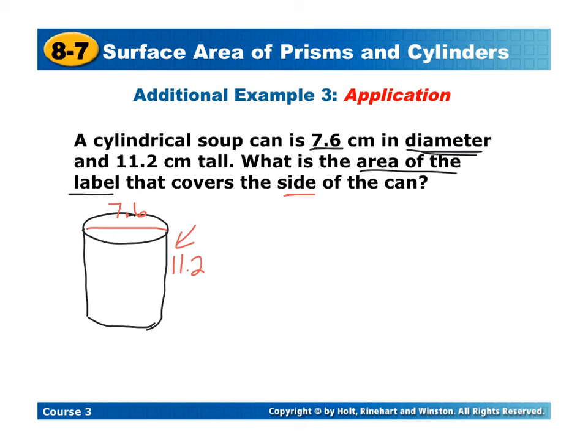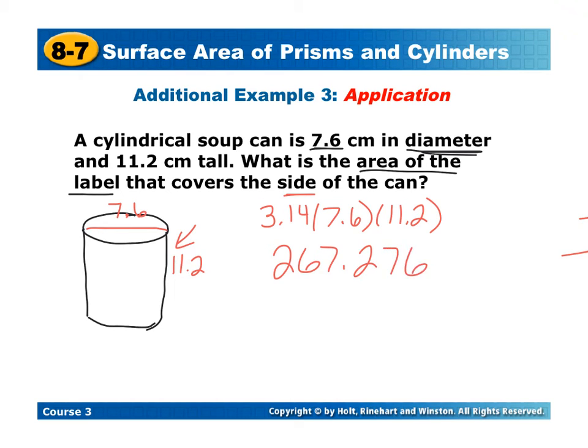So that lateral face is going to be the circumference of our circle, which is going to be pi, or 3.14, times our diameter, which is 7.6. And then we're going to take that and multiply it by the height of our can, which gives us 267.2 something.